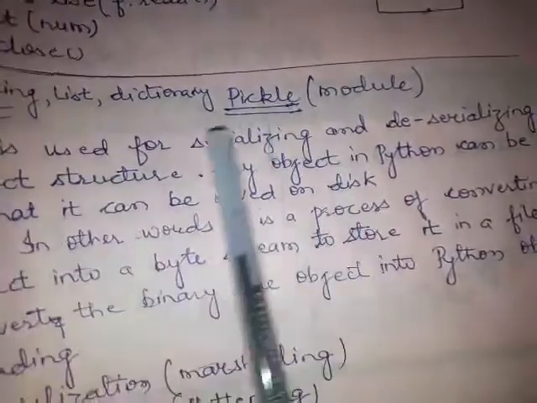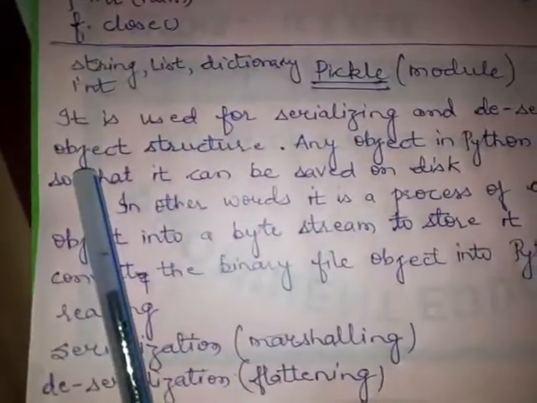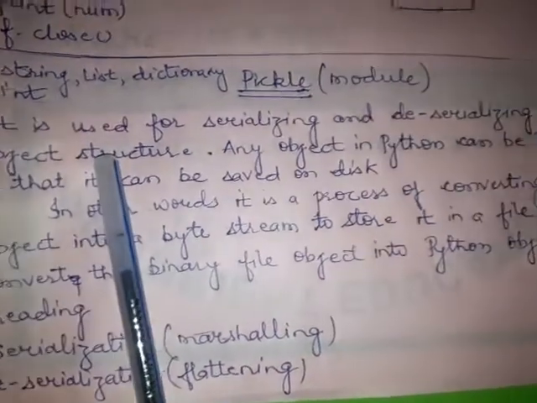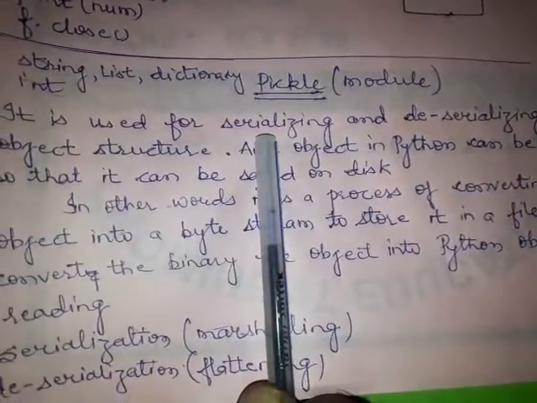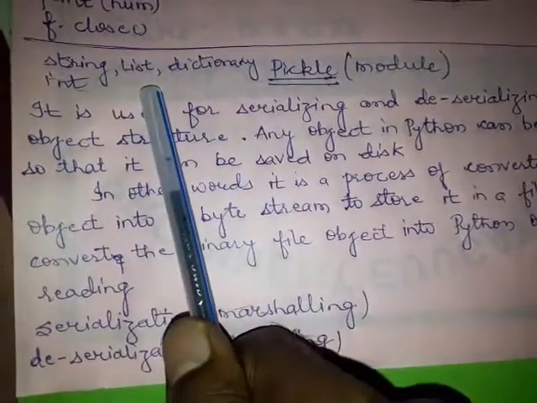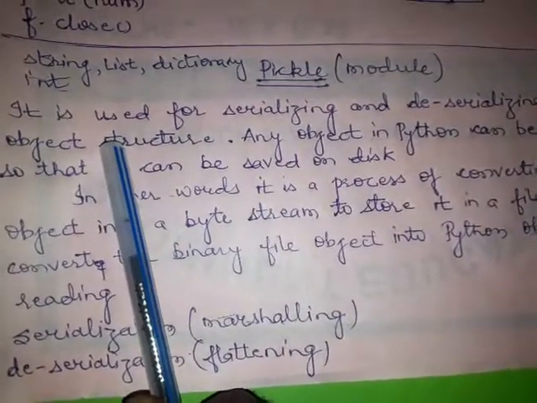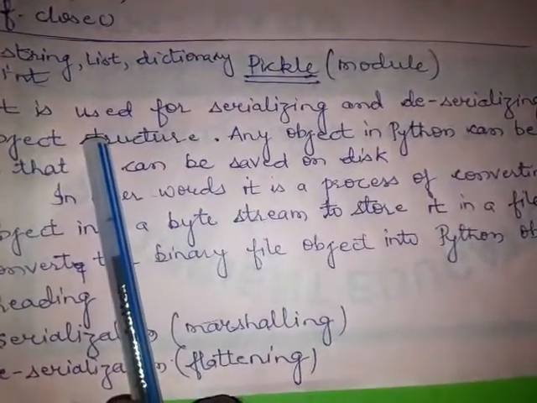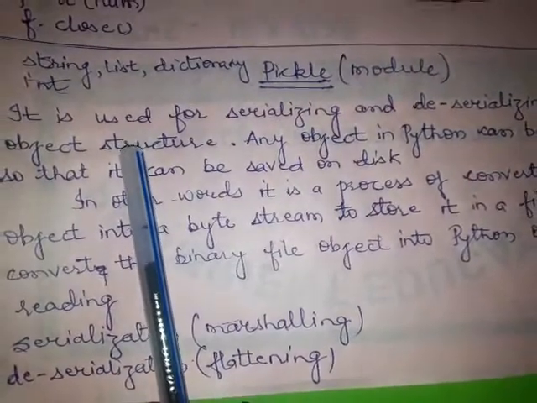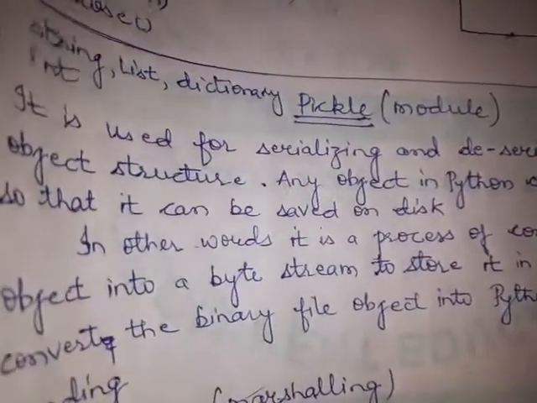It is used to serialize and deserialize a Python object structure. Serialize means to convert the different Python objects into byte form, into a stream of bytes, because a binary file uses a stream of bytes.